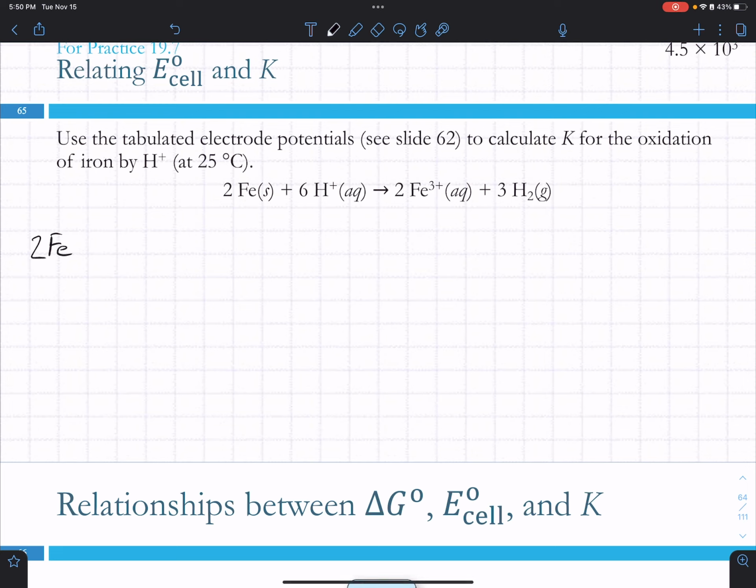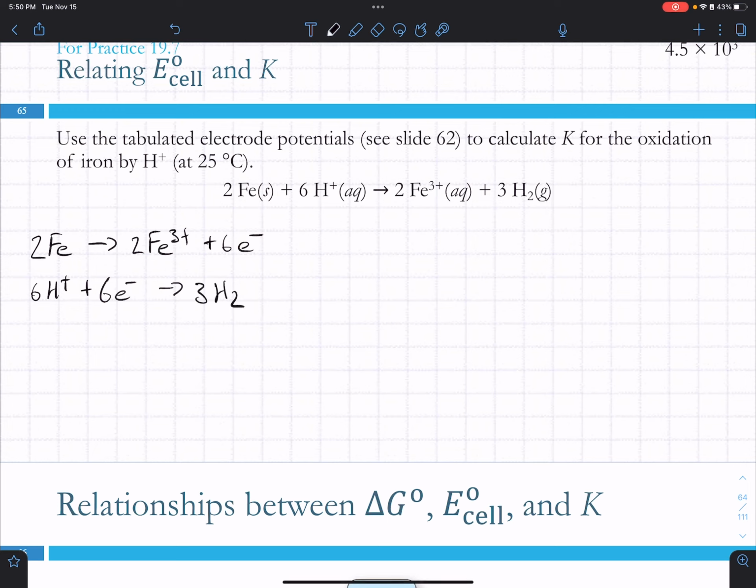Oh yeah, 2Fe. Don't want to forget that. Plus 6 electrons. So in the other one, and conveniently we're told that it's being reduced by H+, but H+ is also specifically written out. We could just say 6H+ plus 6 electrons will give us 3H2.